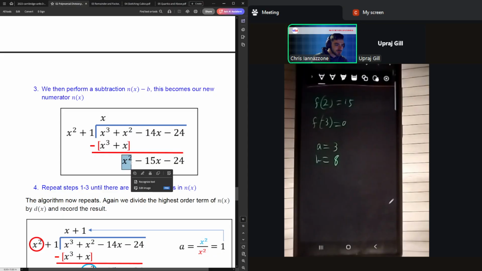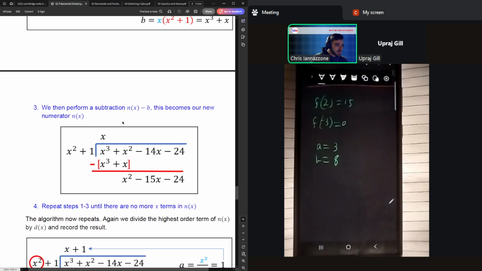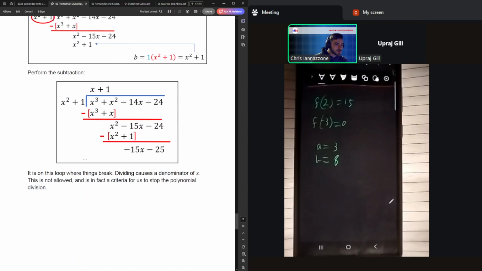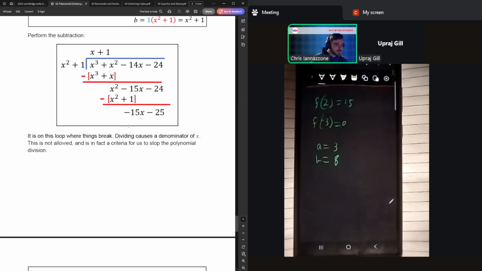So the x squared drops down, whereas this is going to minus into each other. And so this is kind of like what we would see. This is a cubic instead of a power of 5, and there's a lot fewer steps involved. You're going to be left with some linear at the end.